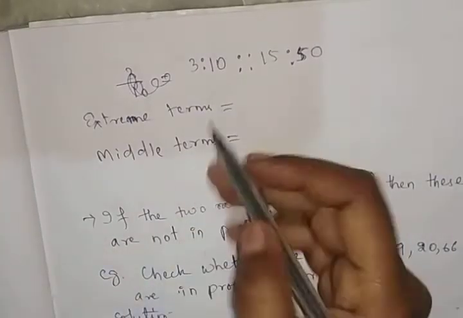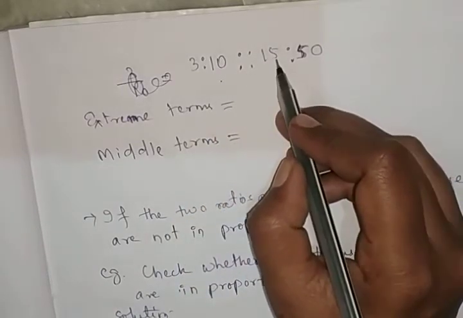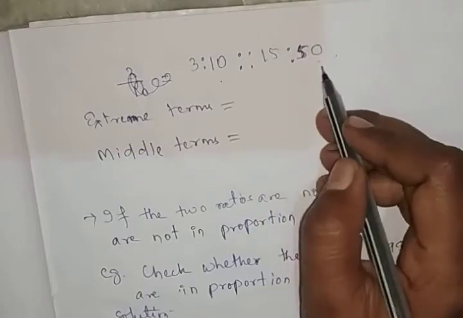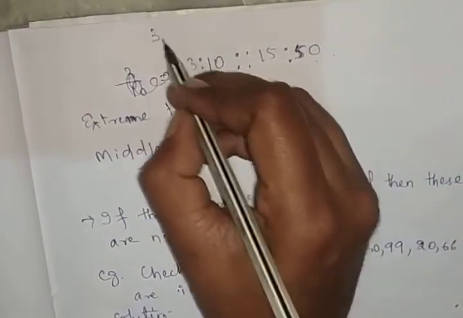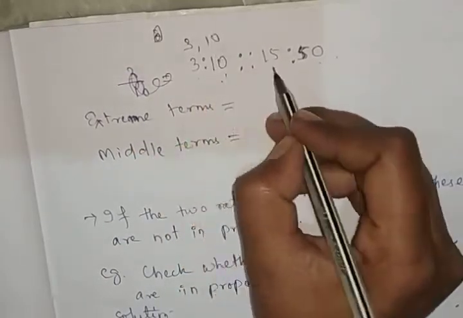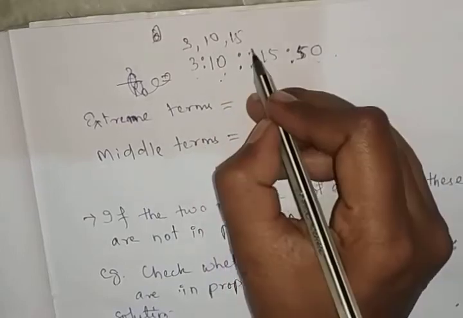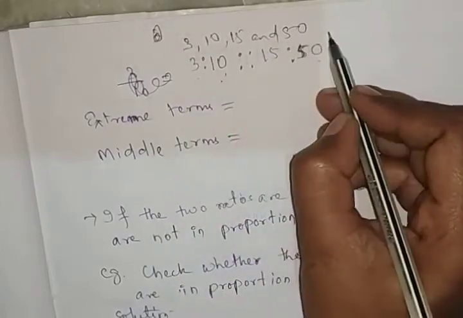Look here, we have taken 3:10 proportion to 15:50. If we write the respective terms, the first term is 3, the second term is 10, the third term is 15, and the fourth term is 50. So we have four terms.